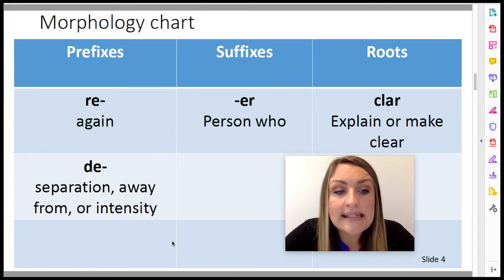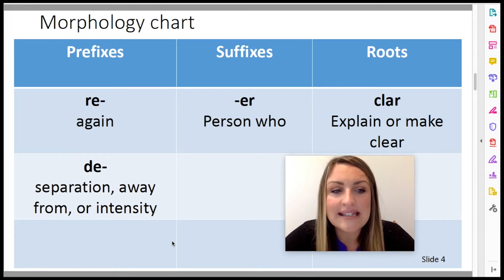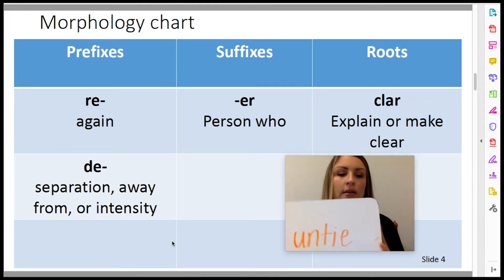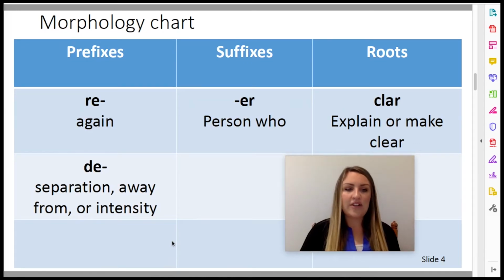We are going to see a word that has the prefix un in it today. Listen to this sentence. You must untie your shoes before you take your shoes off. So I'm going to write that on the board for you so that you can see it. Do you see a prefix? Very good. The prefix is un.